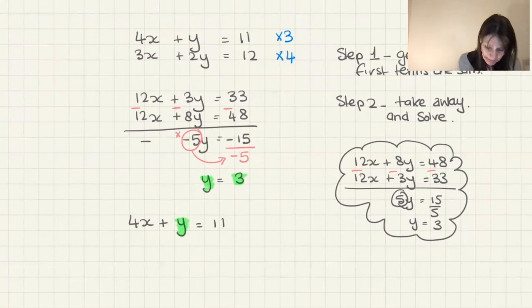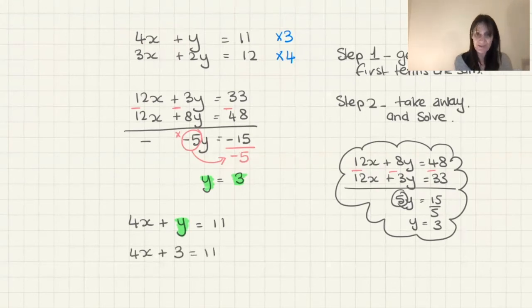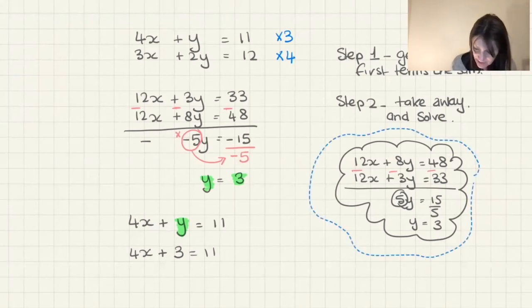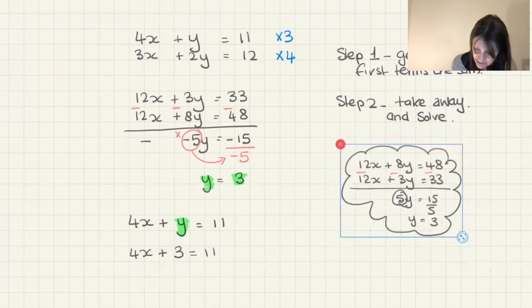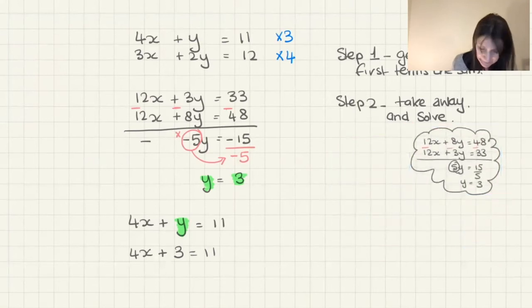So now I'm going to write 4x plus 3 equals 11. I am now able to just solve that using my normal equation method, and I will get the value for x. So this is step 3 happening, and I'm going to write it to the side. I just want to resize that so I don't completely lose it.